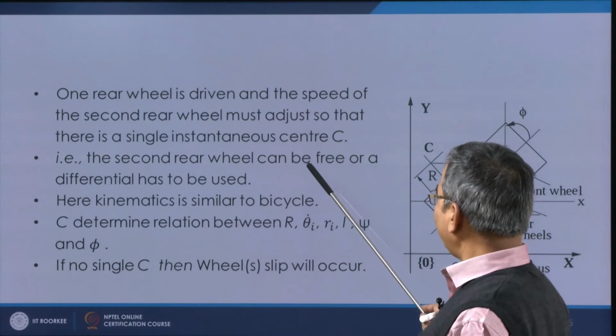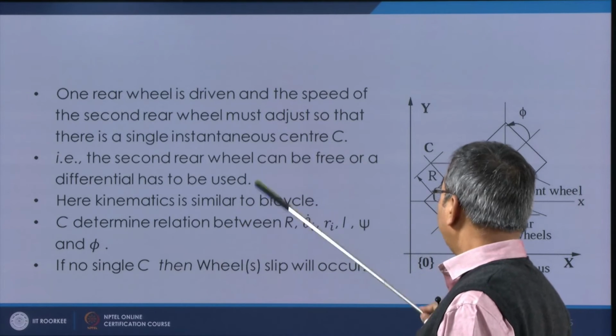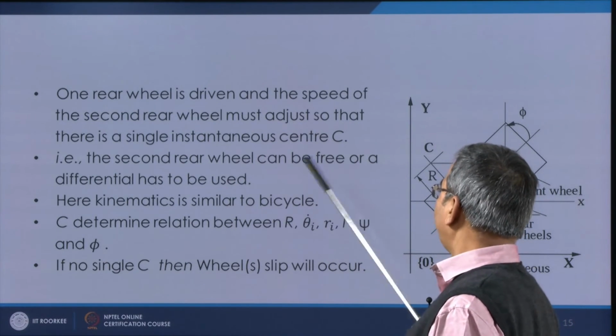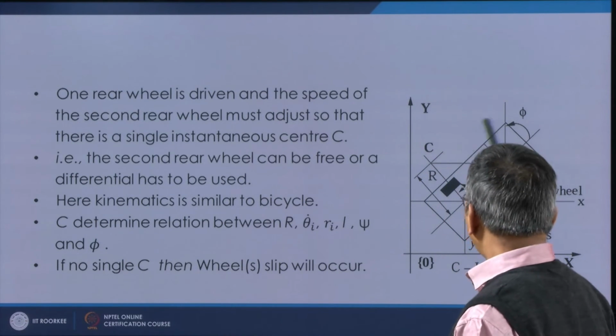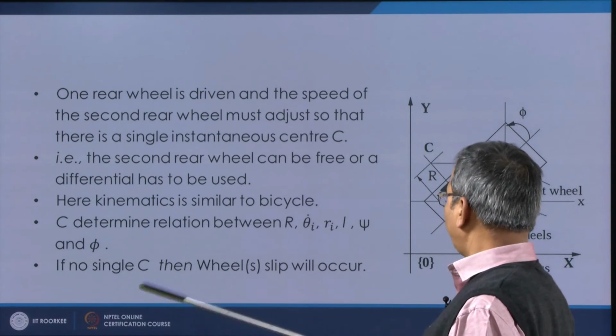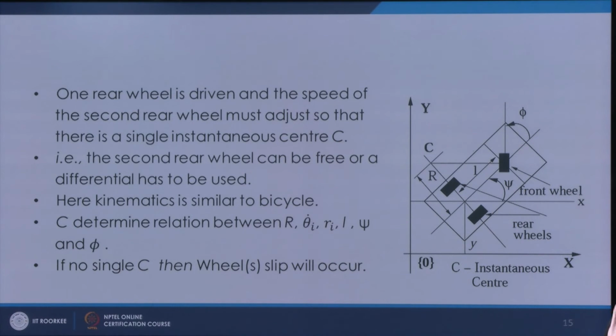And what follows from the previous statement is that the second rear wheel can be free or a differential has to be used. Of course, I am not going to deal with the kinematics here, it is very similar to what we have seen previously, the bicycle model, okay.